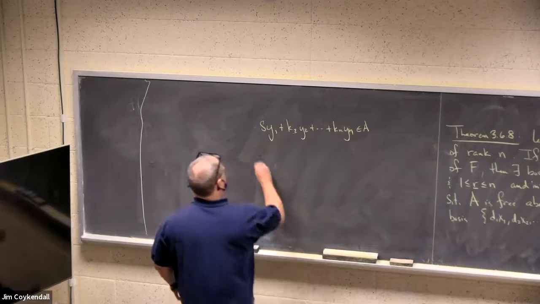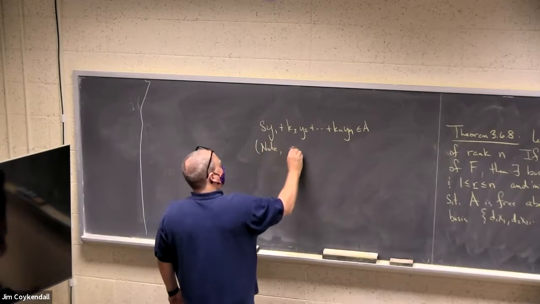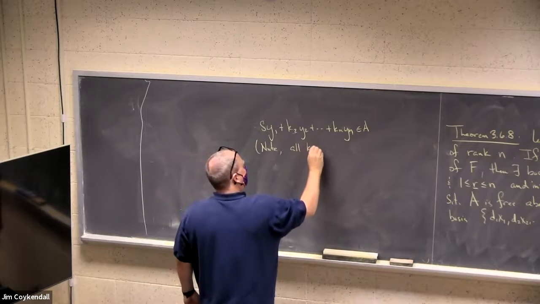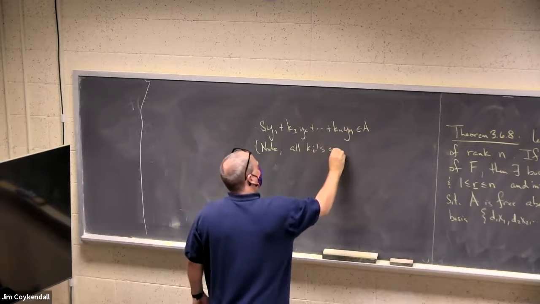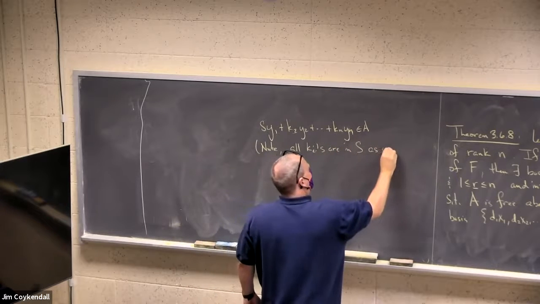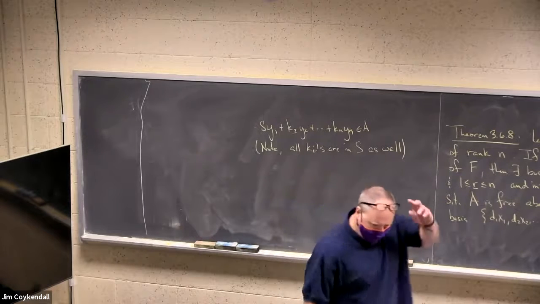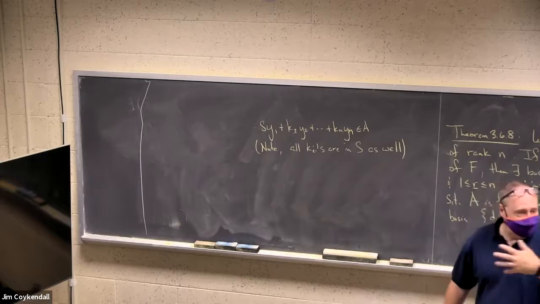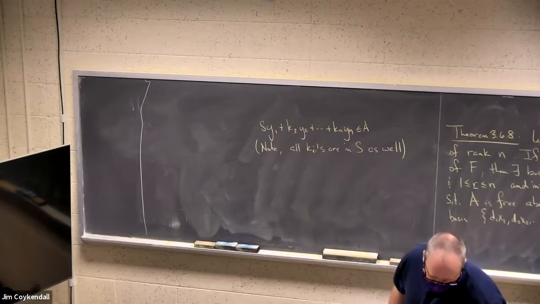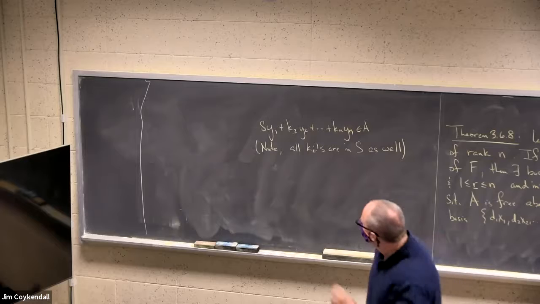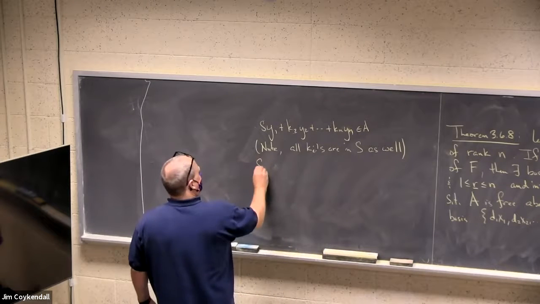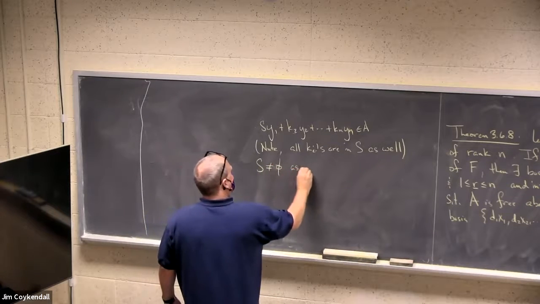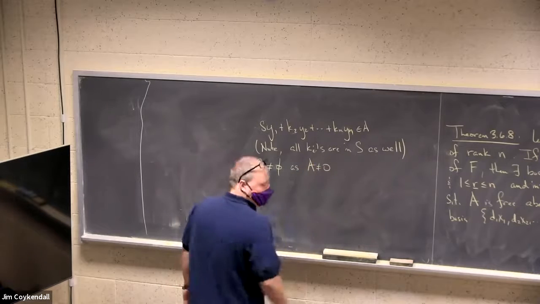Notice that I write S in that special form because that's the one that I'm going to kind of key on. So notice that by definition, all the k's are also elements of S as well. S is not equal to the empty set, as A is assumed to be non-zero.